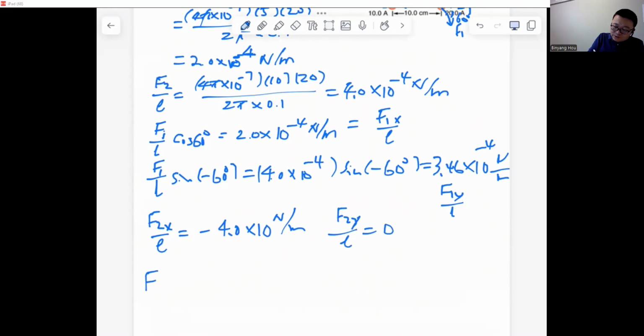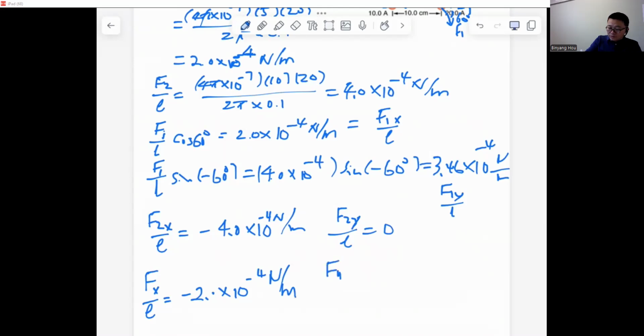So your total force Fx over L should be F1x over L plus F2x over L. So 2 minus 4, so minus 2 times 10 to the minus 4 newtons per meter for the x component.